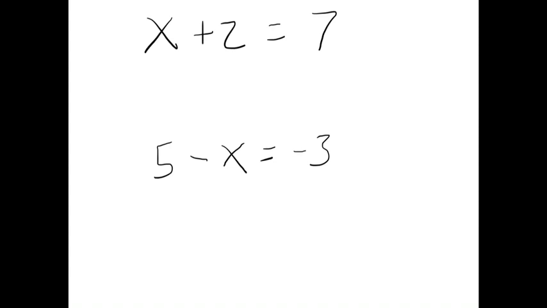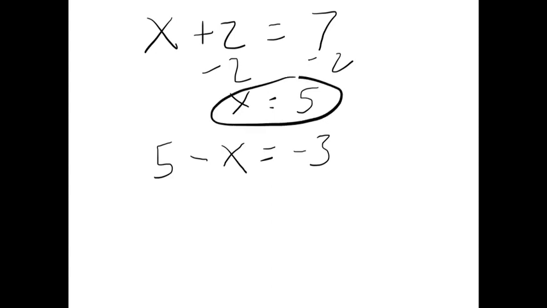The good old familiar x plus 2 equals 7, where you subtract 2 from both sides, giving us x equals 5. We're going to use that technique inside a matrix. It's pretty easy, right? This one, you subtract 5 from both sides, and we end up with cancellation there.